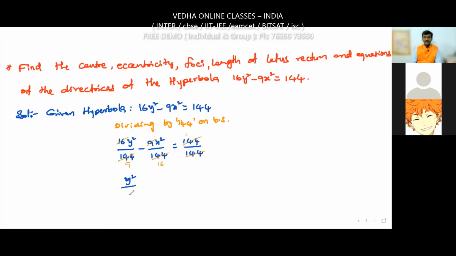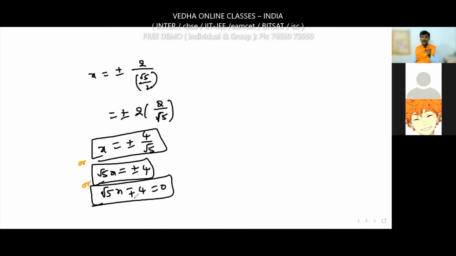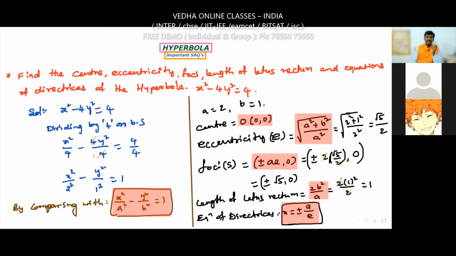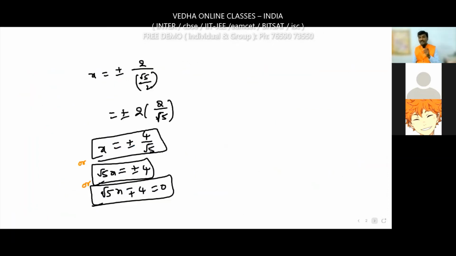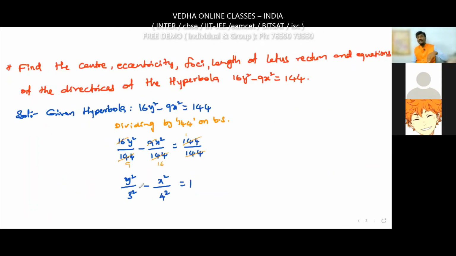So what we get here: y square divided by 9, we can write as 3 square, minus x square divided by 16, we can write as 4 square, is equal to 1. Now when we compare with the previous question's equation, x square by a square minus y square by b square equal to 1, in this the first term is y square.